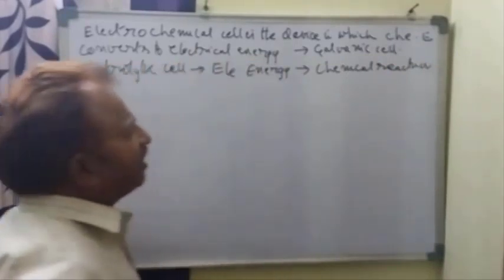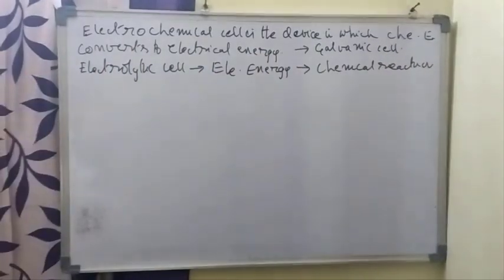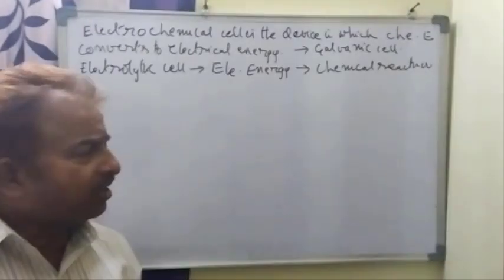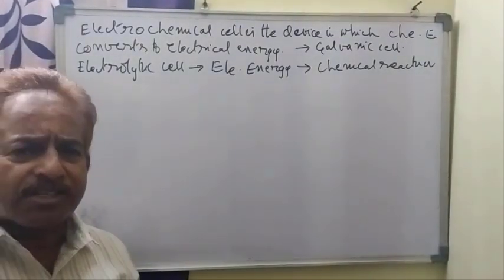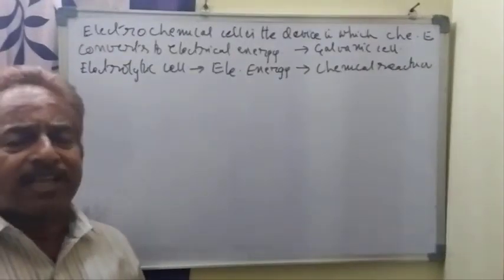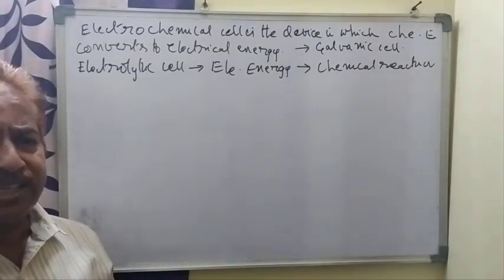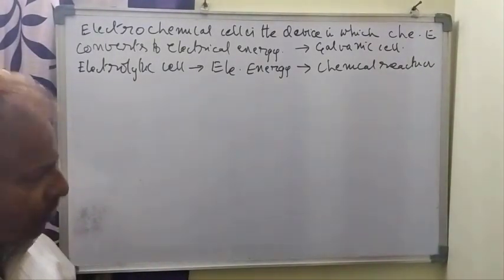In an electrolytic cell, electrical energy is used and chemical reaction takes place, whereas in an electrochemical cell, that is galvanic cell, chemical reaction takes place and electrical energy is produced.